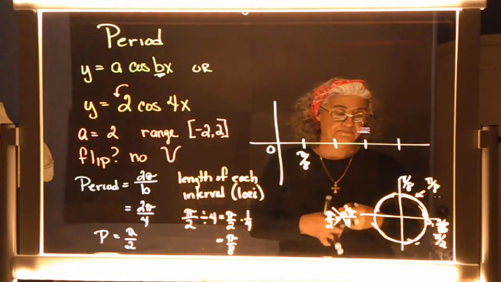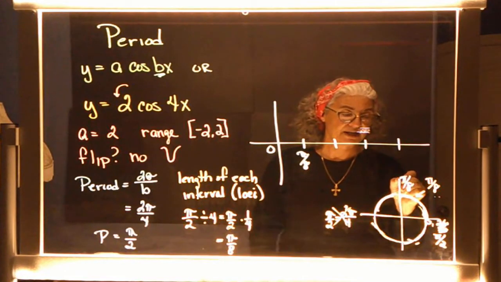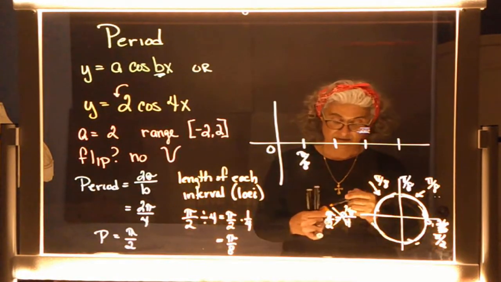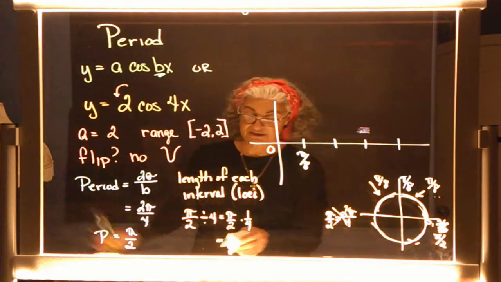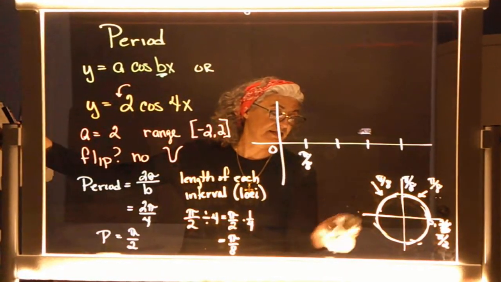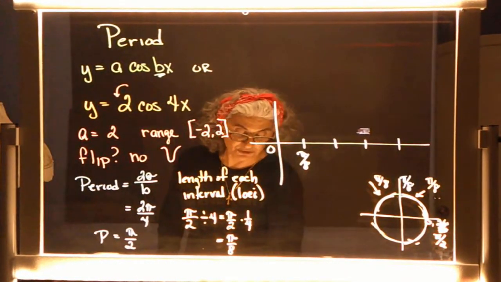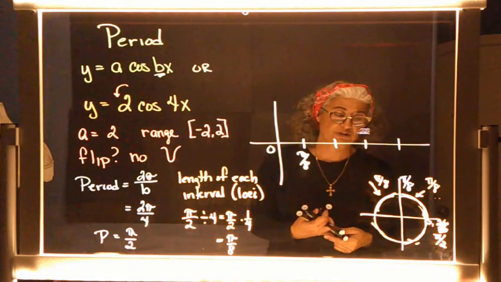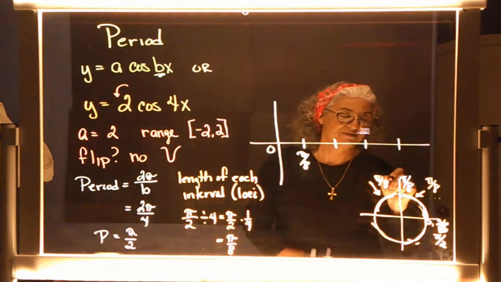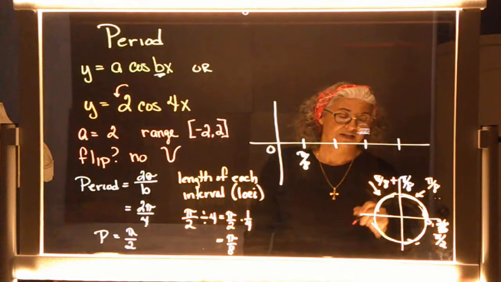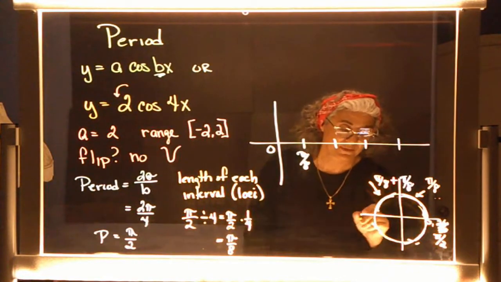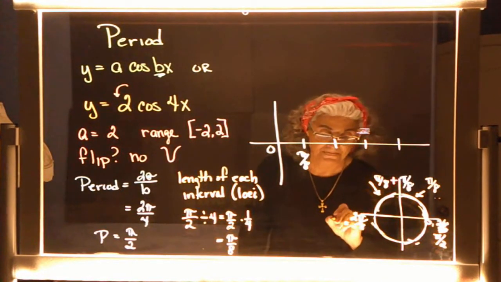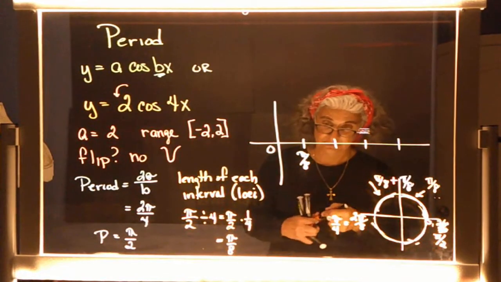And then from pi over 8, we're going to go another length of pi over 8, aren't we? Do you agree? Because the length of each of these quadrants is now pi over 8, isn't it? So, I start at pi over 8. I'm going another pi over 8, which means you're going to have to add these together, aren't you? That's going to give you 2 pi over 8, isn't it? But that reduces to what? Good. Pi over 4.